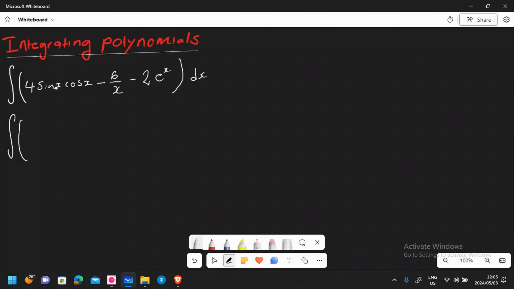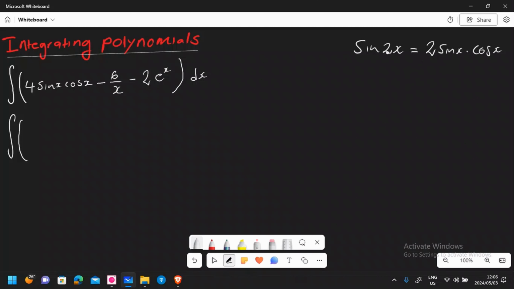So in order for us to simplify this one, you need to understand what this is. This is actually the double angle identity. So let me show you which double angle identity this is. If you still remember, sine 2x, which is a double angle identity, equals 2 sine x multiplied by cos x. Whenever you see sine multiplied by cos, it has to do with this double angle identity.